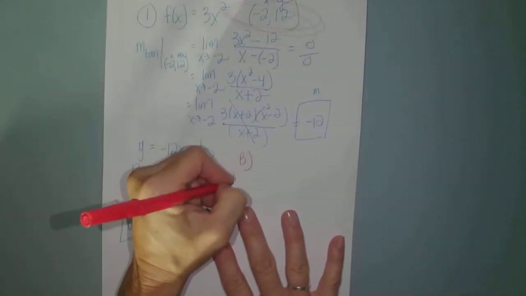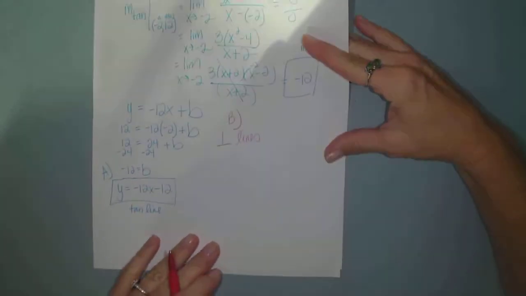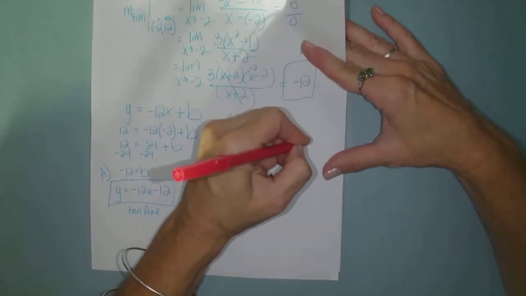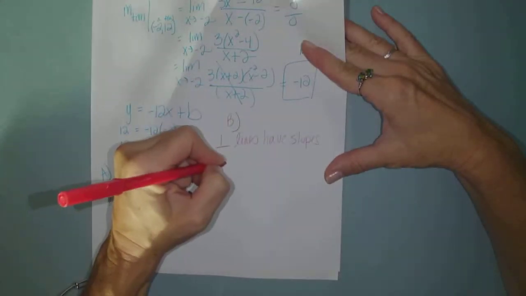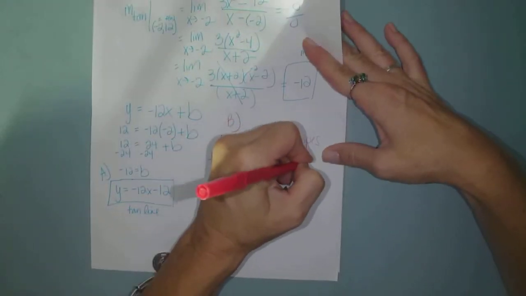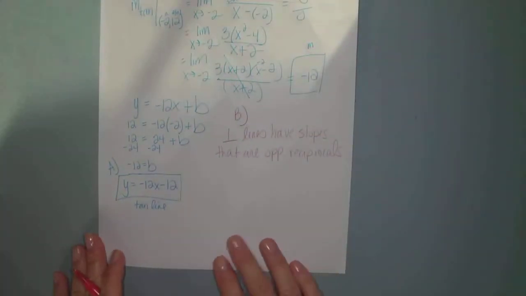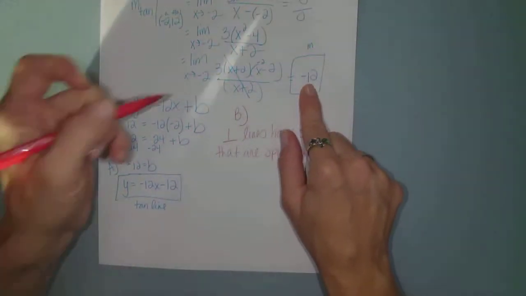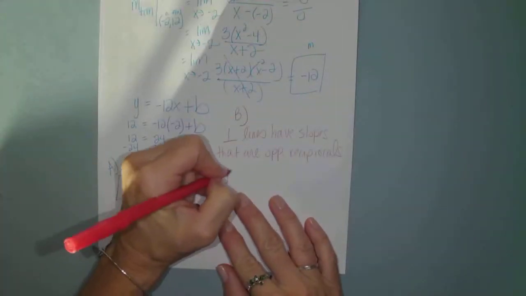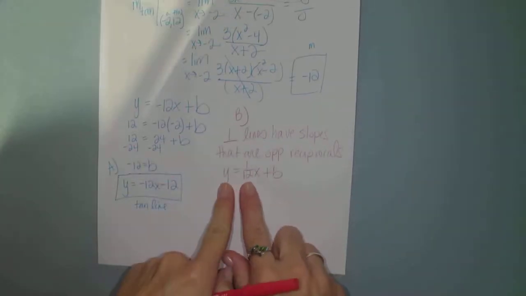But let's remind ourselves from Algebra 1, perpendicular lines have slopes that are opposite reciprocals. So the opposite reciprocal of -12 is positive 1/12. So my normal line will have a slope of positive 1/12.